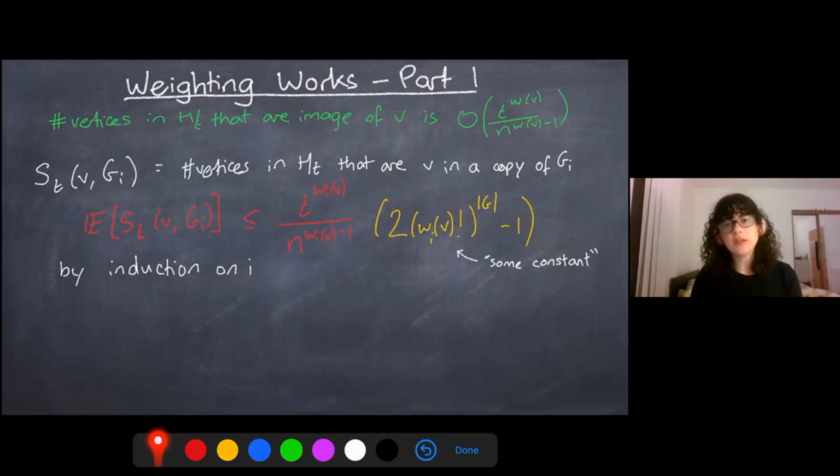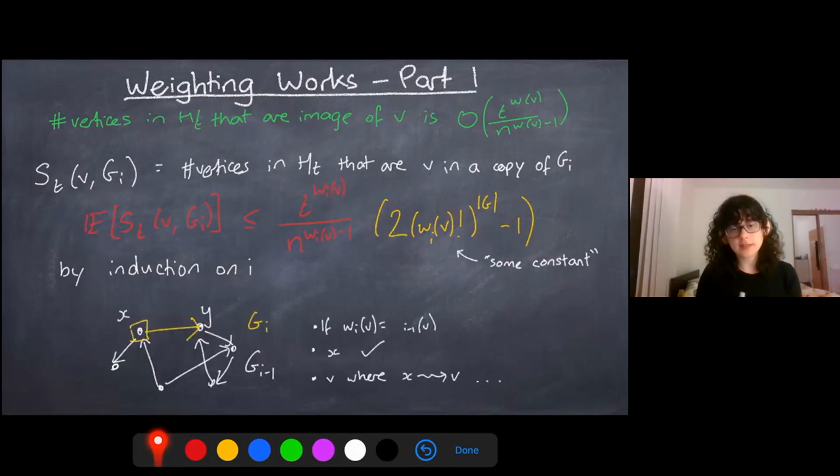And we prove this by induction on i. So we're going to imagine we start with a graph with no edges and we gradually add in the edges and see what happens. So I won't go through all the details, as I say, but what you should think is, when you add in this next edge, so we're going from Gi minus 1 to Gi, we're adding in this edge xy.